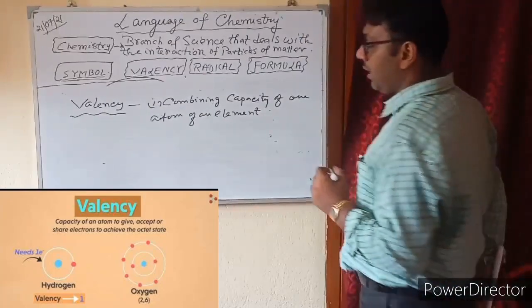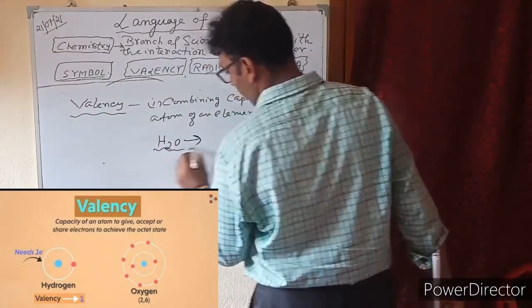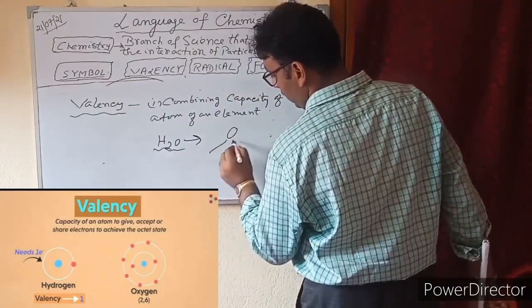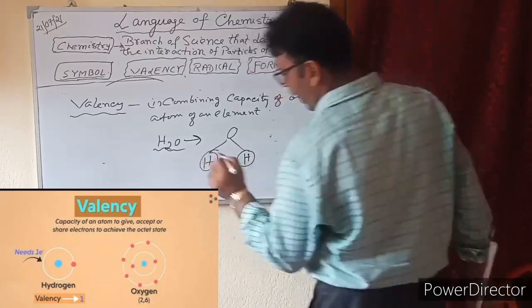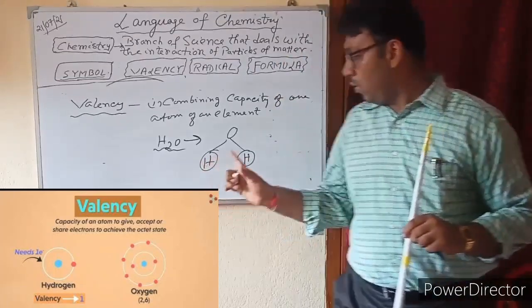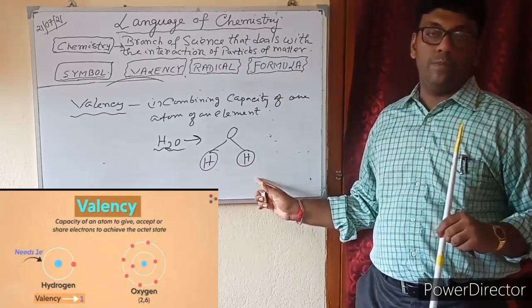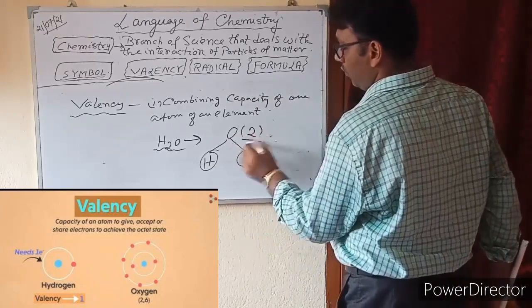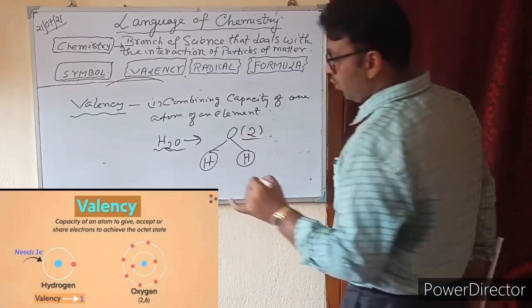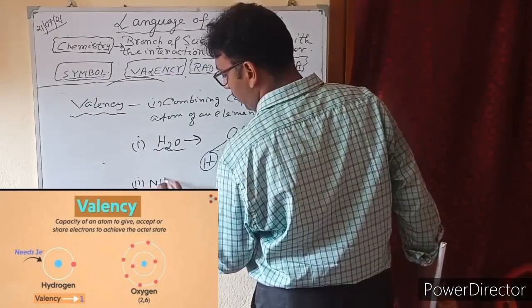Just for example, H2O, oxygen here binds with 2 atoms of hydrogen. It is clear that one atom of oxygen binds with 2 atoms of hydrogen. So the valency of oxygen here is 2. Number 2, suppose NH3.